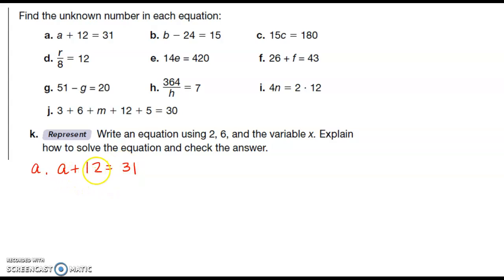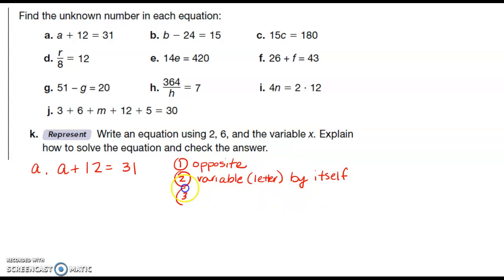Right now we are adding 12 to some number we don't know, and we're getting 31. So I have to do the opposite operation. I have to work backwards to find out what A is. First, we do the opposite operation. Second, we're trying to get the variable, which in math is normally the letter, by itself.